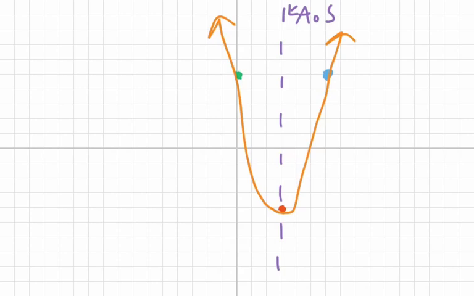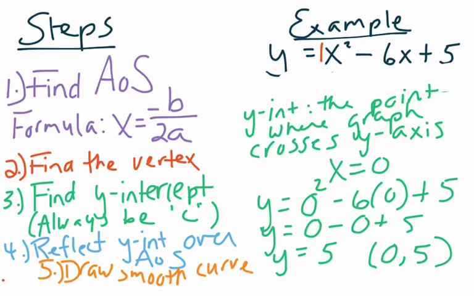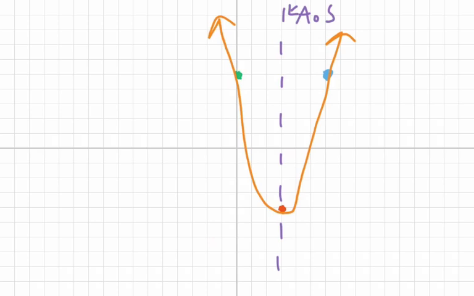And if that happens, you would just simply pick another point, pick x equals 1 instead of the x equals 0 that we used right here. And then you could just do the same thing where you're mirroring it. But most of the time, your parabola, like the axis of symmetry, is not the y-axis. And so this works most of the time.